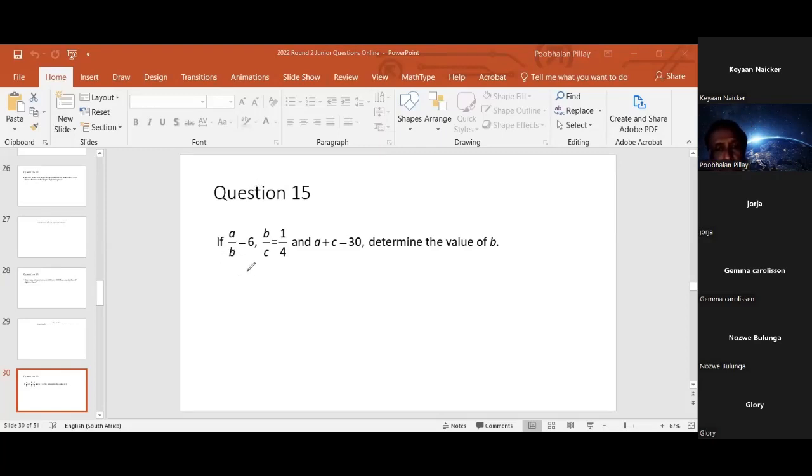I'm going to go back to black. So A over B is 6, B over C is a quarter, and A plus C is 30. So you got 3 unknowns here. You got A, B, and C, and you're asked to calculate one of the unknowns, namely B.